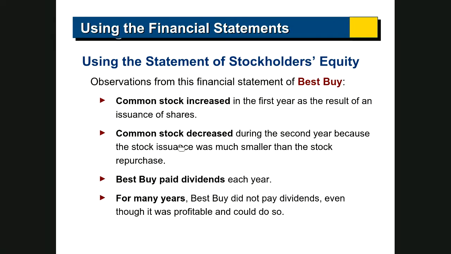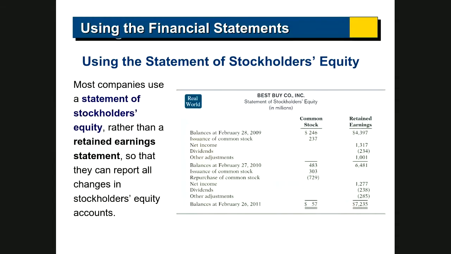Number one, common stock increased in the first year as a result of issuance of shares. So you see here, the beginning common stock was 246, and then another 237 shares of stock was sold. So at the end of 2009 or beginning of 2010, the balance of the common stock increased because more shares were issued.